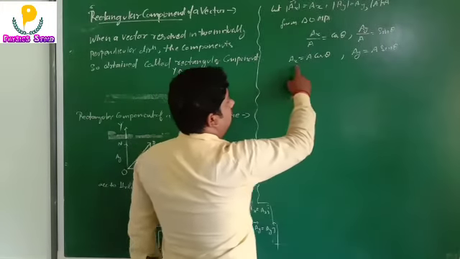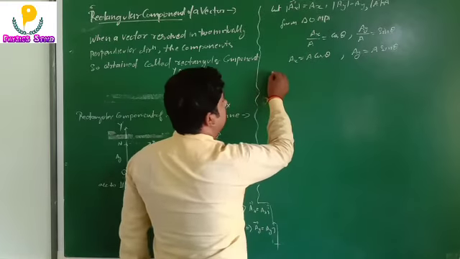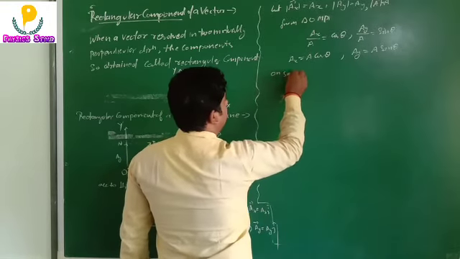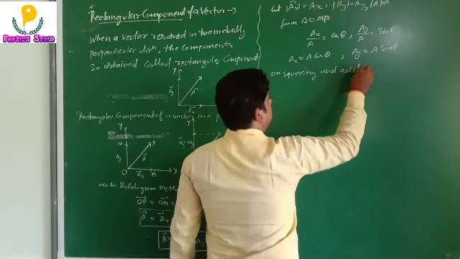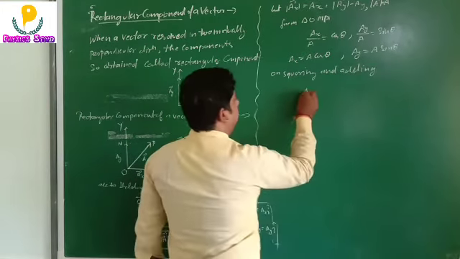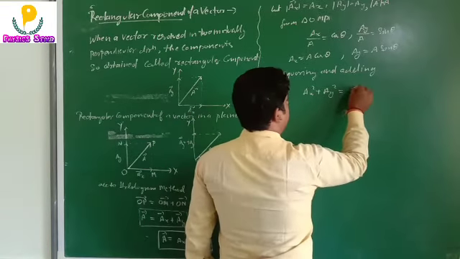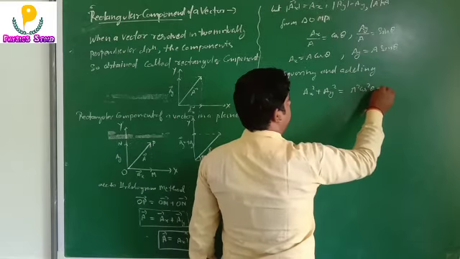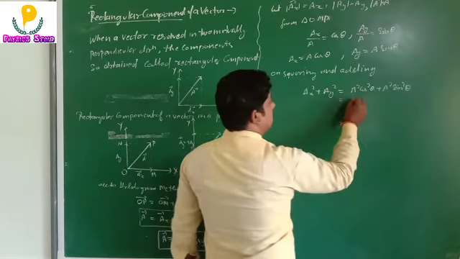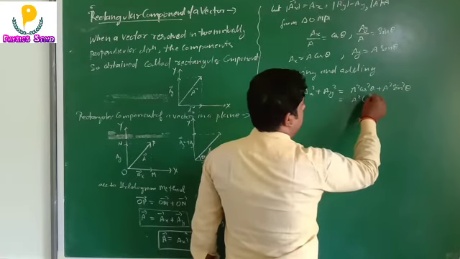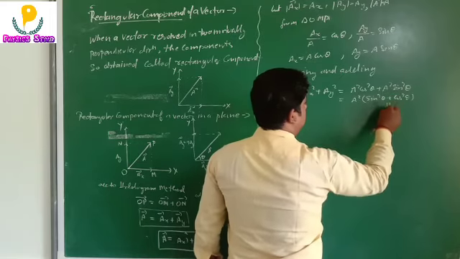If we square these two terms and add them, on squaring and adding we obtain ax square plus ay square is equal to a square cos square theta plus a square sin square theta. Here a square is a common term, so we can write sin square theta plus cos square theta, which is equal to 1.